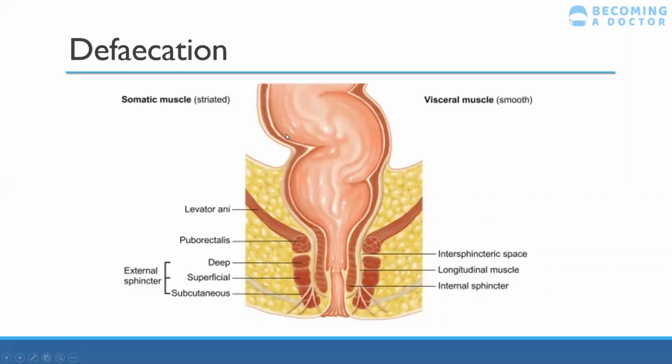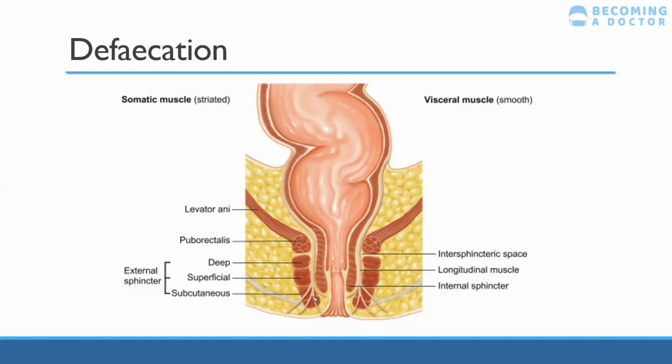And let's say at that point you don't want to excrete, then there is voluntary contraction of your external sphincter. The sphincter will contract, and this would basically hold it in and stop you from defecating until the next mass movement happens.